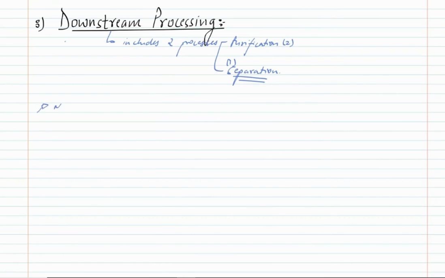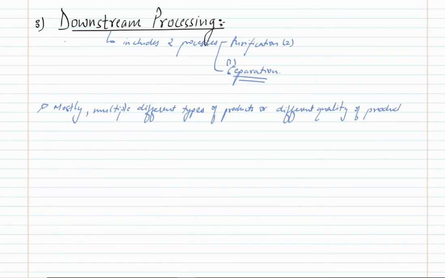Most of the time, multiple different types or qualities of product are obtained from the biosynthetic stage.